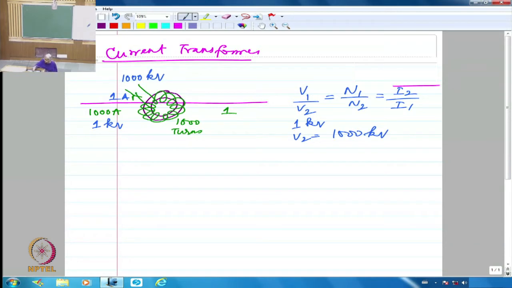To avoid that, I necessarily need to either short circuit the secondary or connect a very, very small resistance. The small resistance will work actually as a short circuit. The voltage that appears across this resistance will be whatever is my I, that is 1 ampere, multiplied by the R value here.